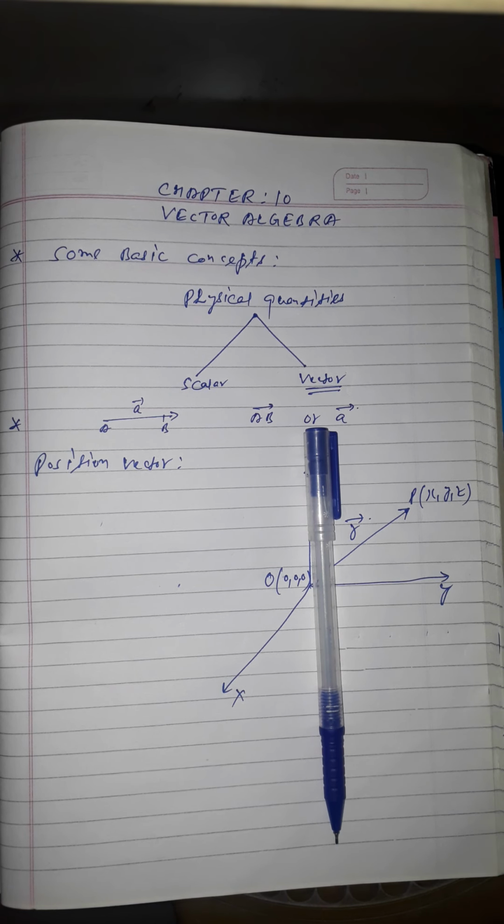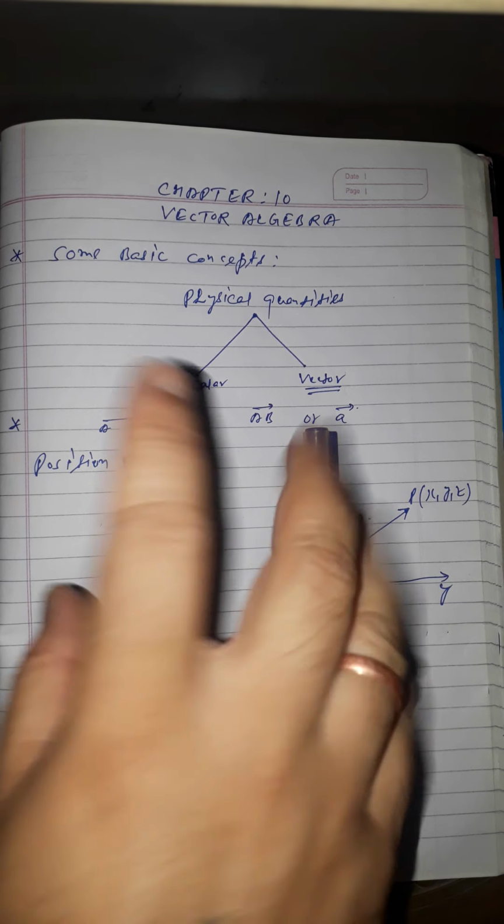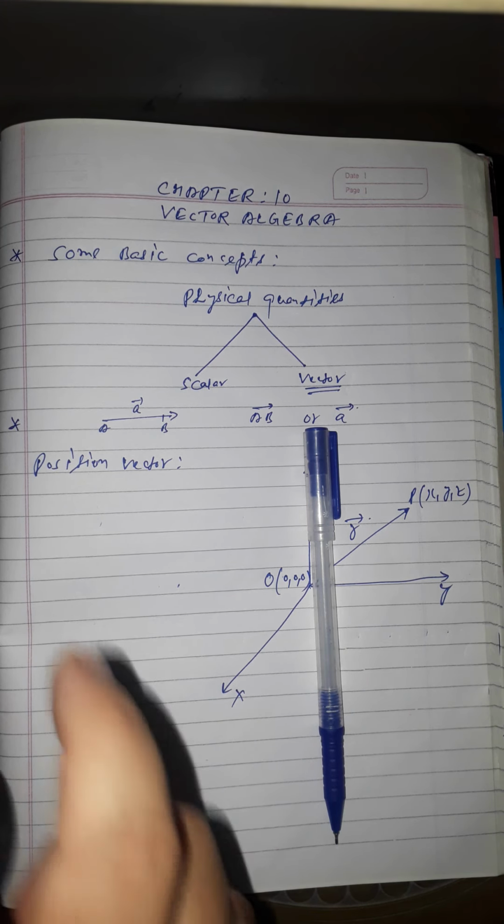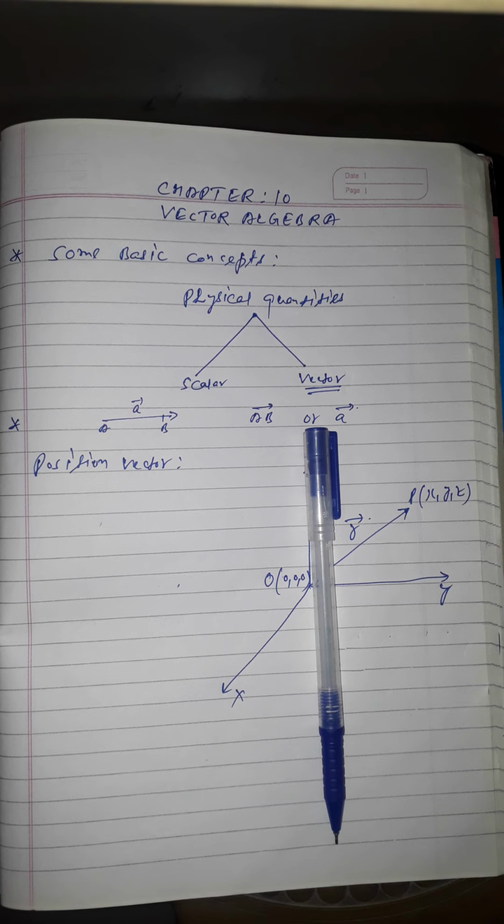Students, mostly those students who are in the non-medical stream have already done this topic, vector, in the +1 class. But for the students of the commerce stream, I want to tell them the difference between scalar and vector quantities.